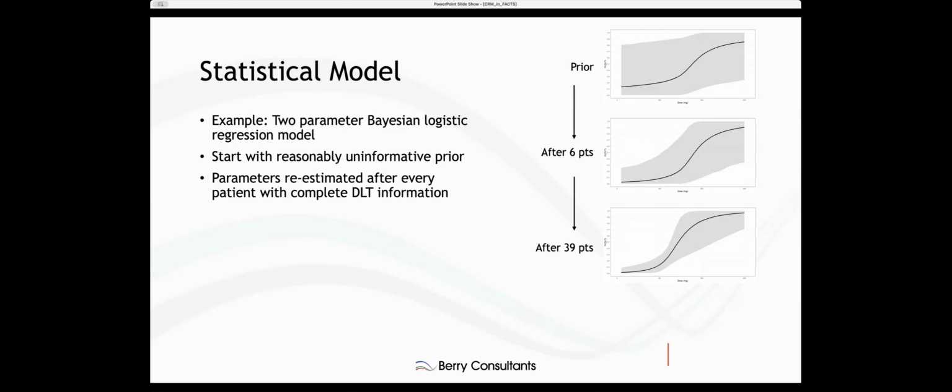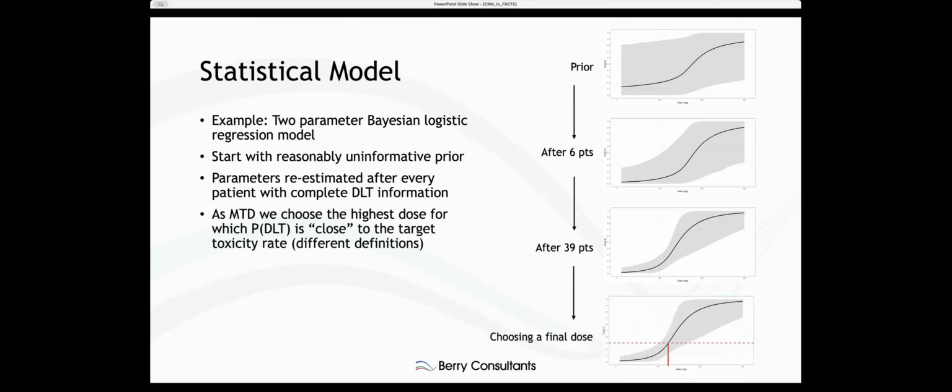And in theory, after every single DLT result of every patient that we observe, we re-estimate the parameters. Of course, in practice, this might not actually be every single patient, but this might be after every week or so, whatever is convenient and whatever works.